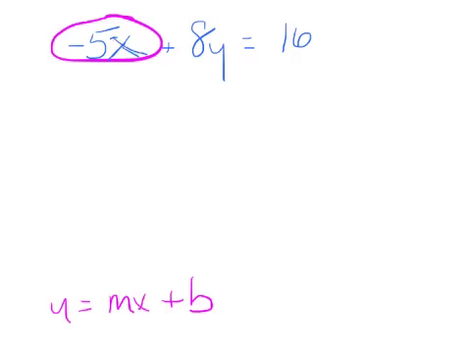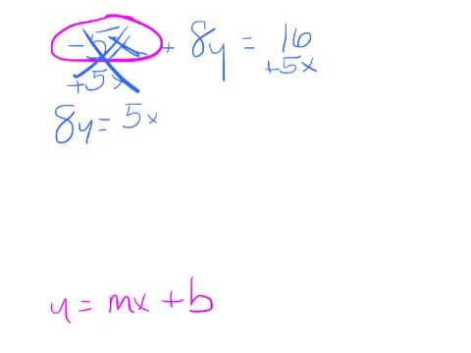There you go, that looks like an x. To get rid of negative 5x, we have to add 5x to both sides. That cancels out, so we're left with 8y equals 5x plus 16.